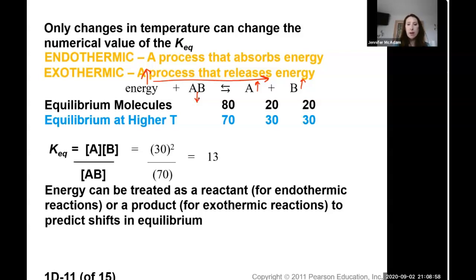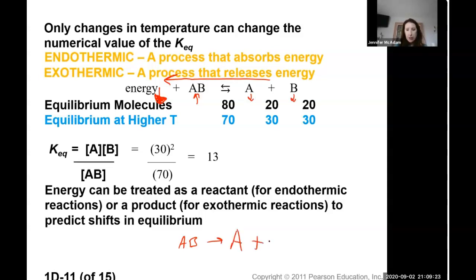So let's do it with an exothermic reaction. So if we decrease energy, then it moves towards the reactant side. Yes, exactly. Because you treat energy like a reactant or product. So if you decrease energy, that's an arrow going down, then it would shift this way. So the reactant would increase and our products would decrease. Okay.